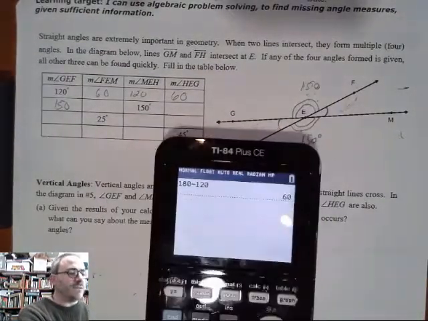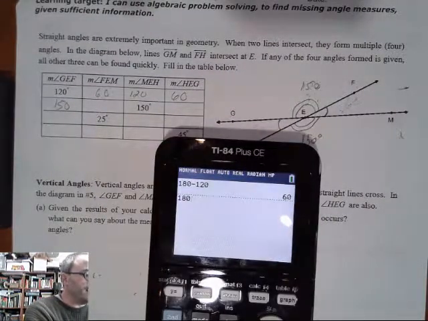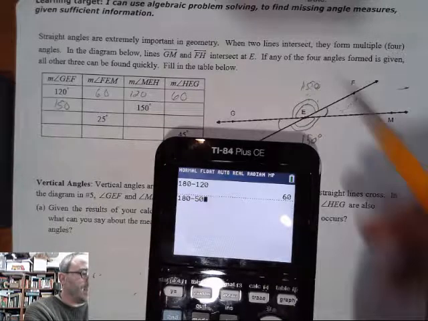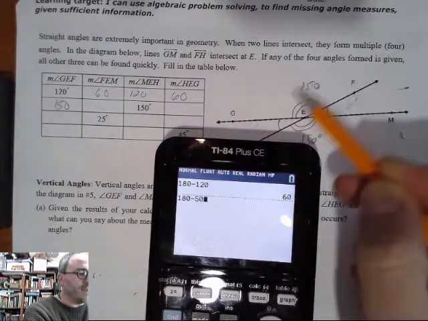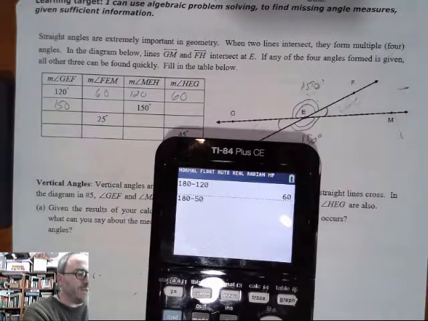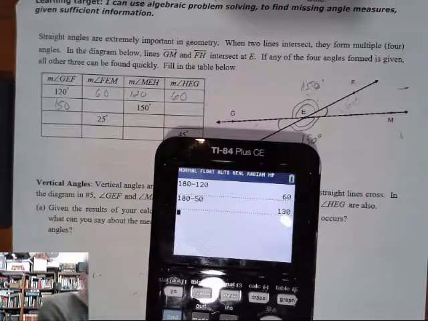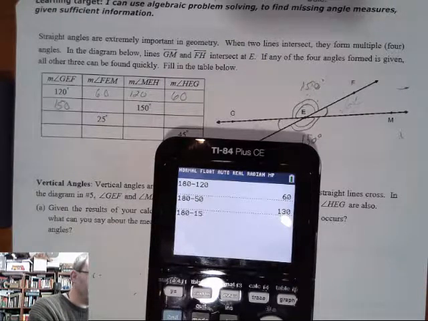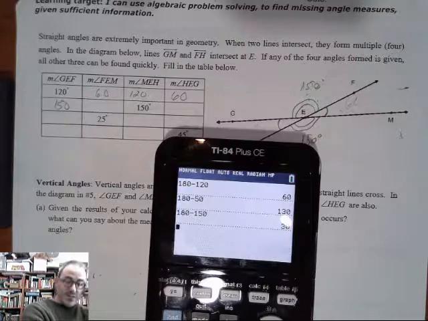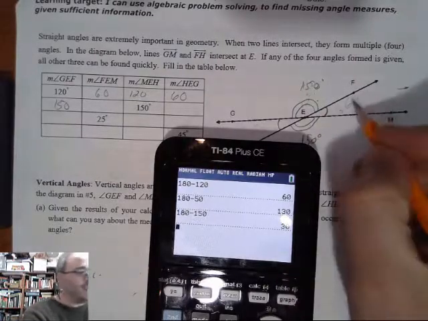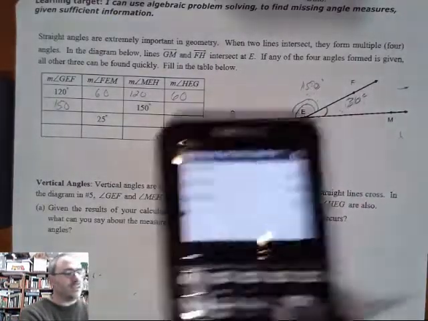If this is 150, 180 minus 150, taking 180 as the whole thing, I'm subtracting 150 to find the remainder. Subtract 150 and I get 30. All right. So now this is going to be 30 degrees.